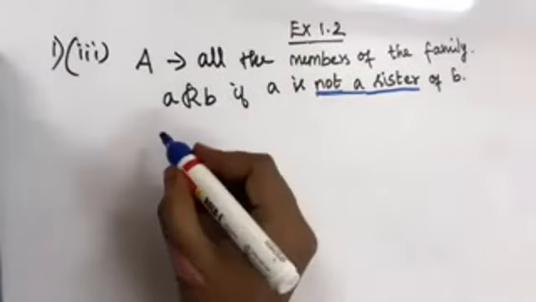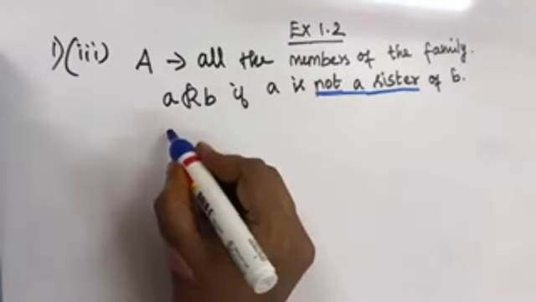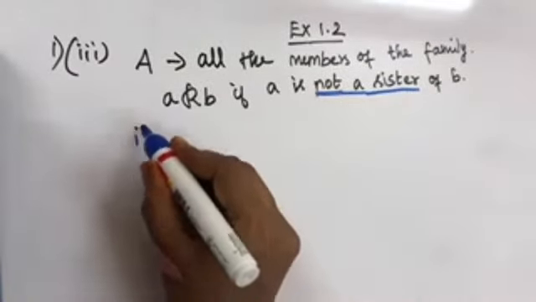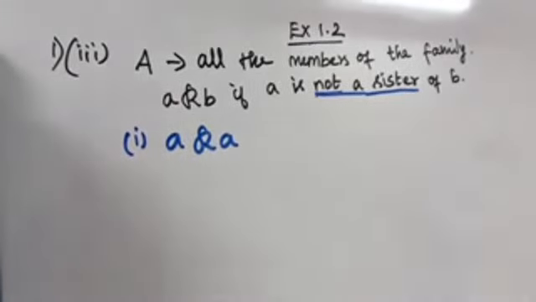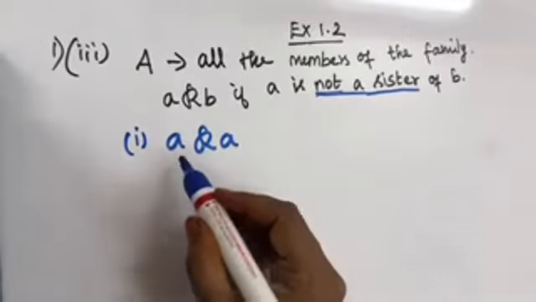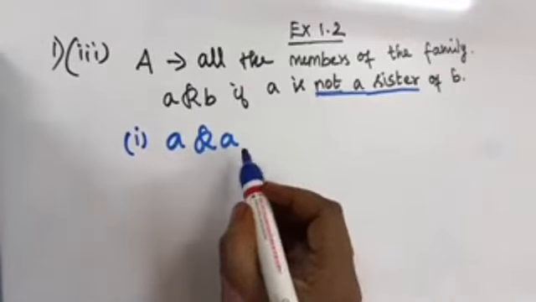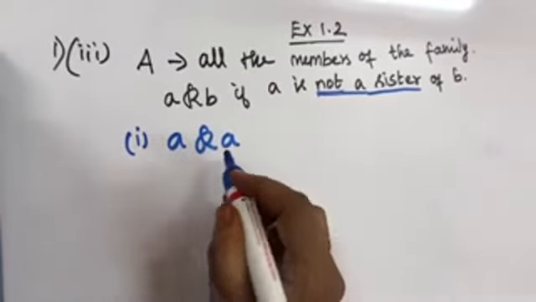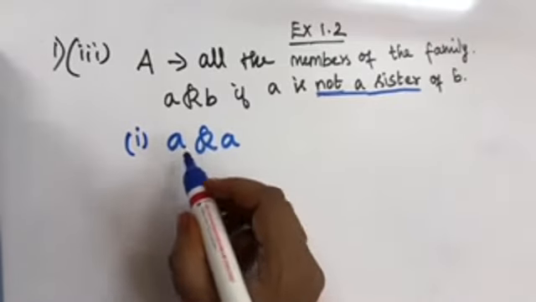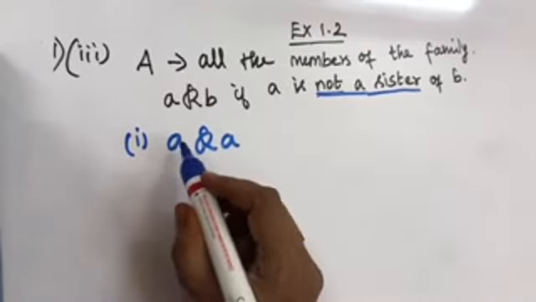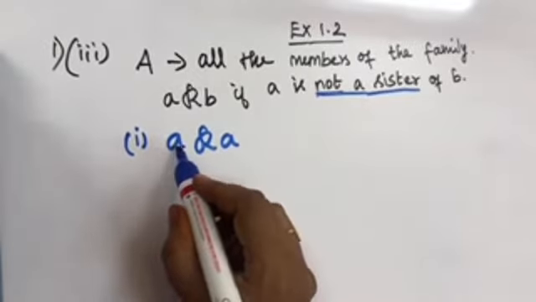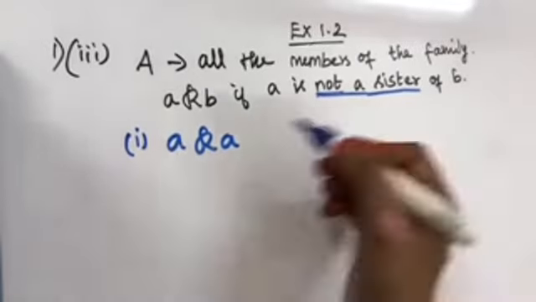Okay. Reflexive relation. First, whether A is related to A. We can take any member, but they cannot be the sister of their own self. We may take a father, he cannot be a sister to himself. We may take a girl, that girl cannot be a sister of herself.